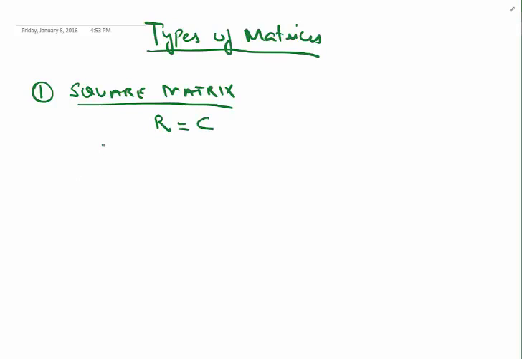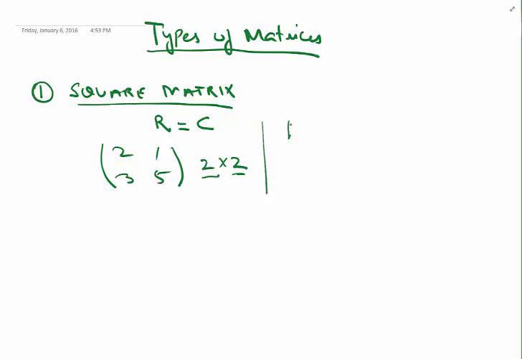So for example, if we have a matrix 2, 1, 3, 5, this matrix is in the order of 2 by 2. Since number of rows is equal to number of columns, therefore we can say this matrix is a square matrix.